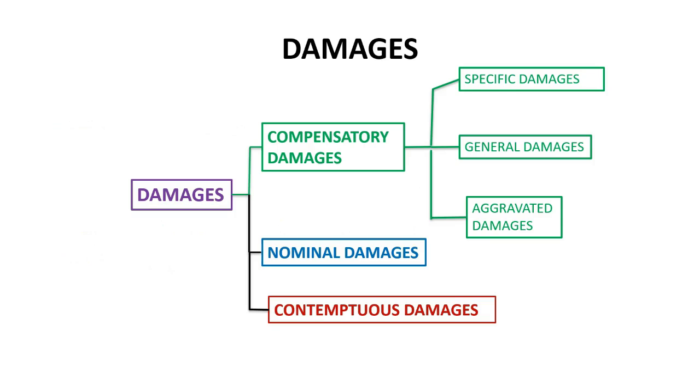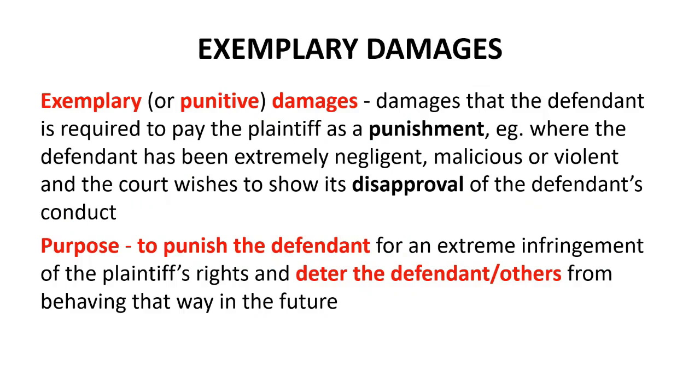Finally, we have exemplary damages. Exemplary damages, sometimes called punitive damages, are damages that the defendant is required to pay the plaintiff as a punishment. For example, where the defendant has been extremely negligent, malicious, or violent, and the court wishes to show its disapproval of the defendant's conduct.